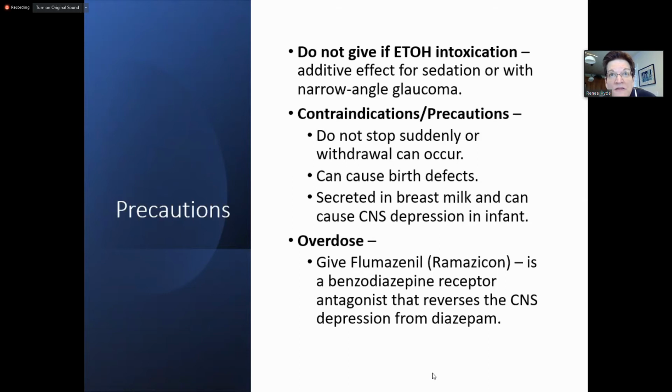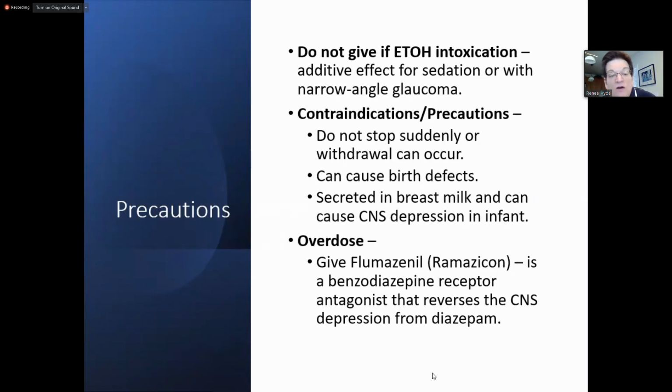With benzodiazepines, our antidote is flumazenil, or Romazicon, which is the trade name. It's that benzo receptor antagonist that reverses CNS depression from either diazepam or lorazepam, okay?